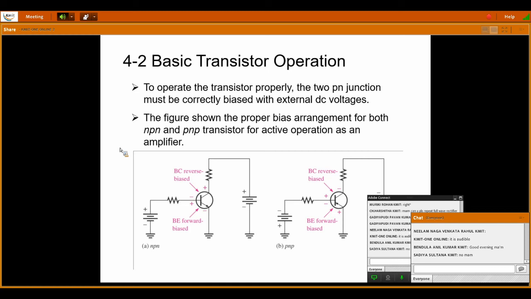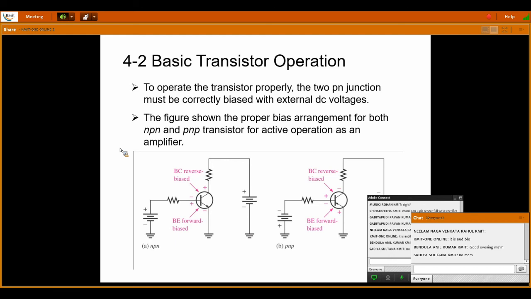Now, to operate the transistor properly, the two PN junctions must be biased properly using an external DC signal. Unless we apply biasing to cancel the barrier potential at the input junction and output junction, no carrier will move from the emitter terminal to the collector terminal.